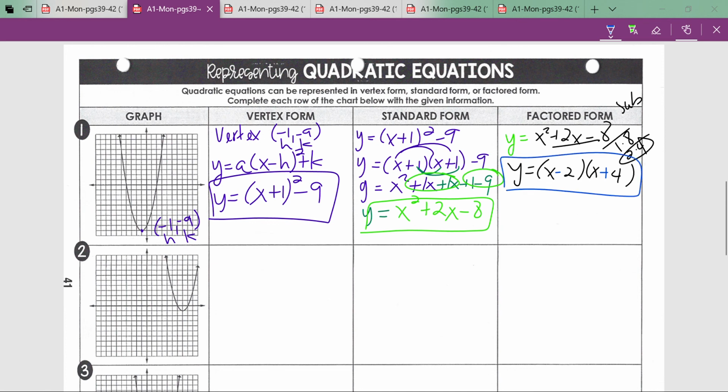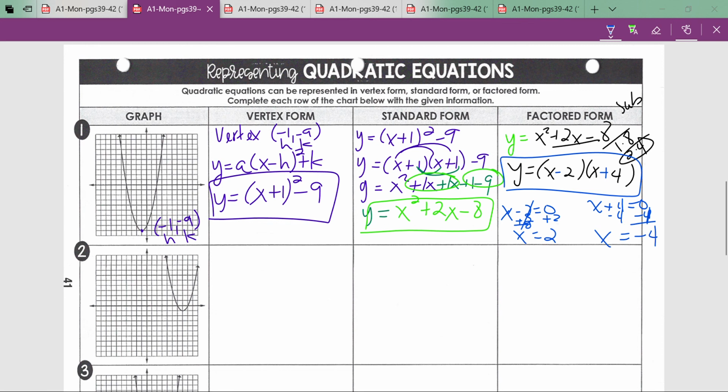On the back side, you actually have to graph it, so I would ask you to go the next step and set your factors equal to 0 and solve for x. So x minus 2 equals 0, plus 2 plus 2, x equals 2. x plus 4 equals 0, so minus 4 minus 4, so x equals negative 4.